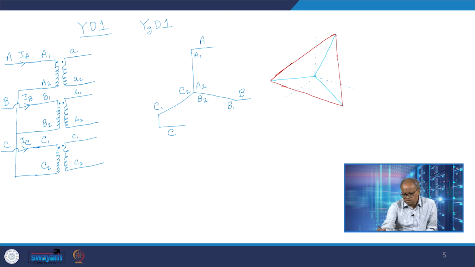Now I say that this is phase A, this is phase B voltage, and this is phase C. So now I simply mark A1, A2, and because this is parallel to this, A1, A2 and B1, B2, this is parallel to this, C1, C2.